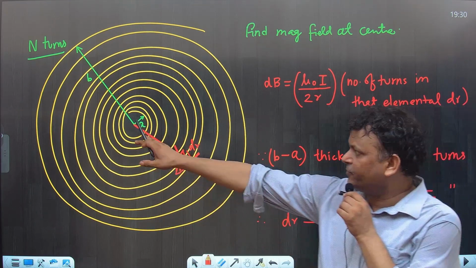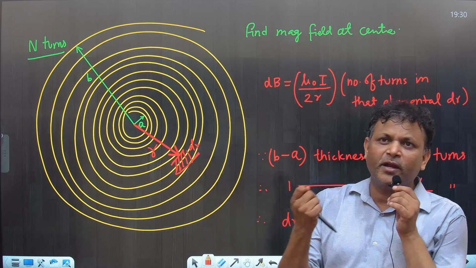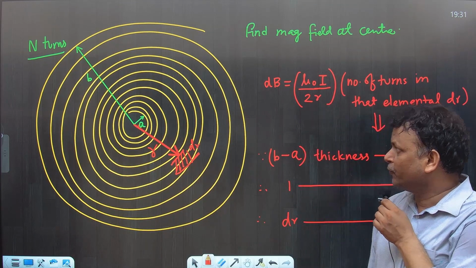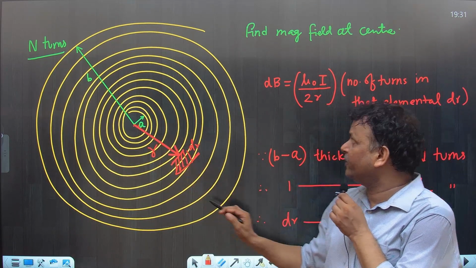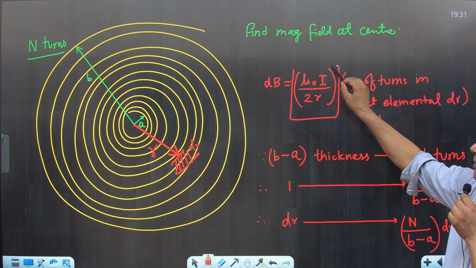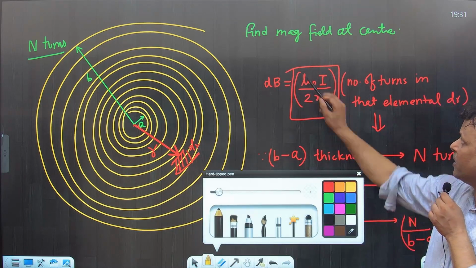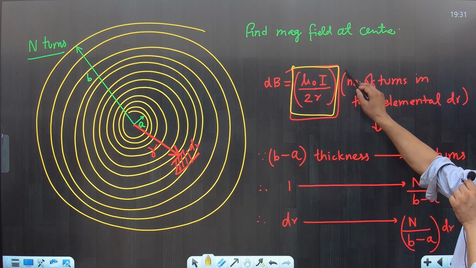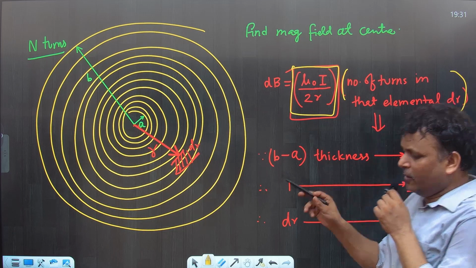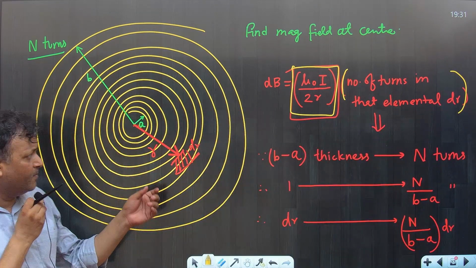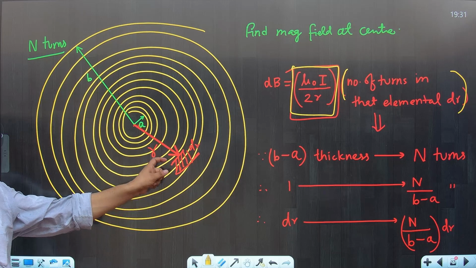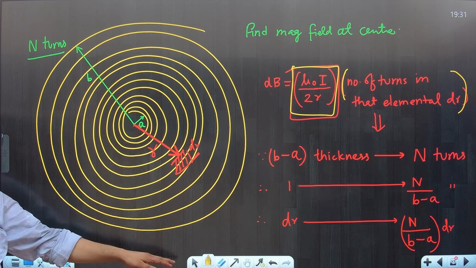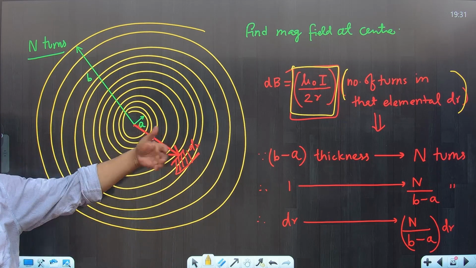At any arbitrary distance r, you take a very small, infinitesimally small thickness dr. So the magnetic field at the center due to this part is mu naught I by 2r, which is the magnetic field due to a complete circle, multiplied by whatever the number of turns is in that element dr. It may be that some rings are here inside dr. Suppose there are 100 turns, then there may be 5 turns in this. So we have to calculate this.